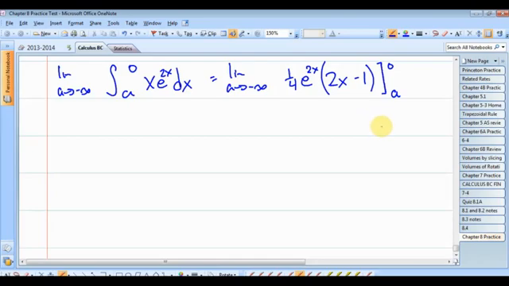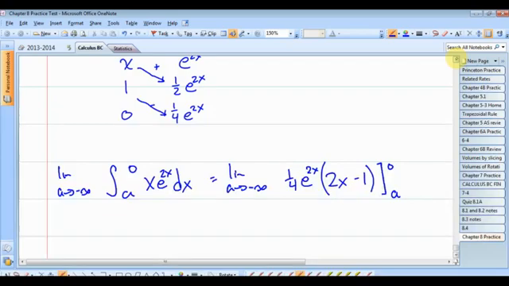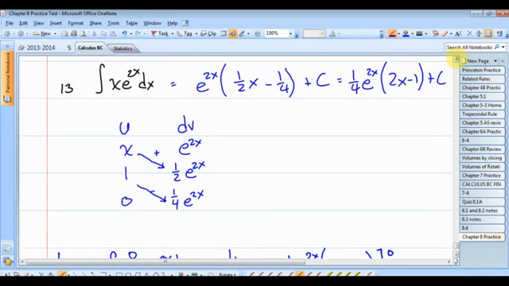Much nicer when you have the antiderivative. Yeah? Can you just move up? Yeah, I can. I should have given you a pause there.